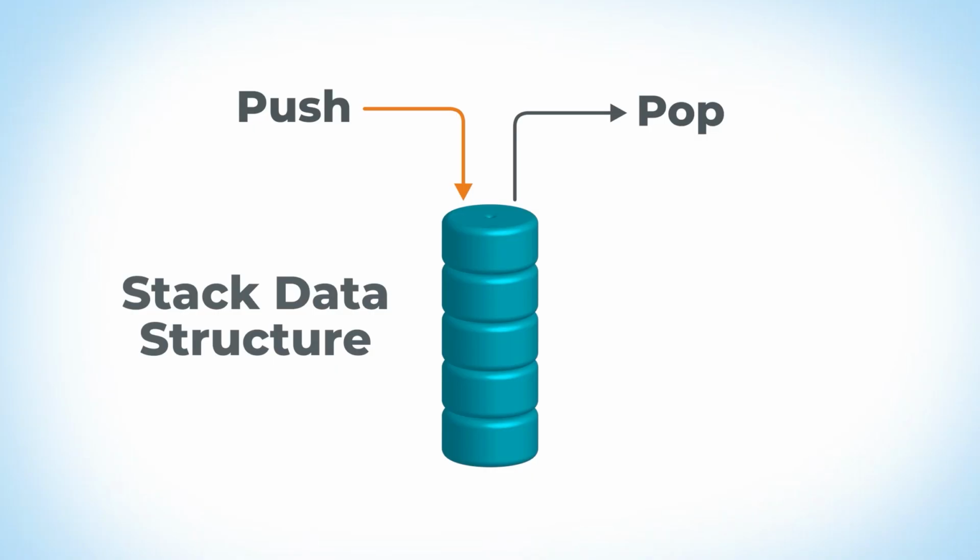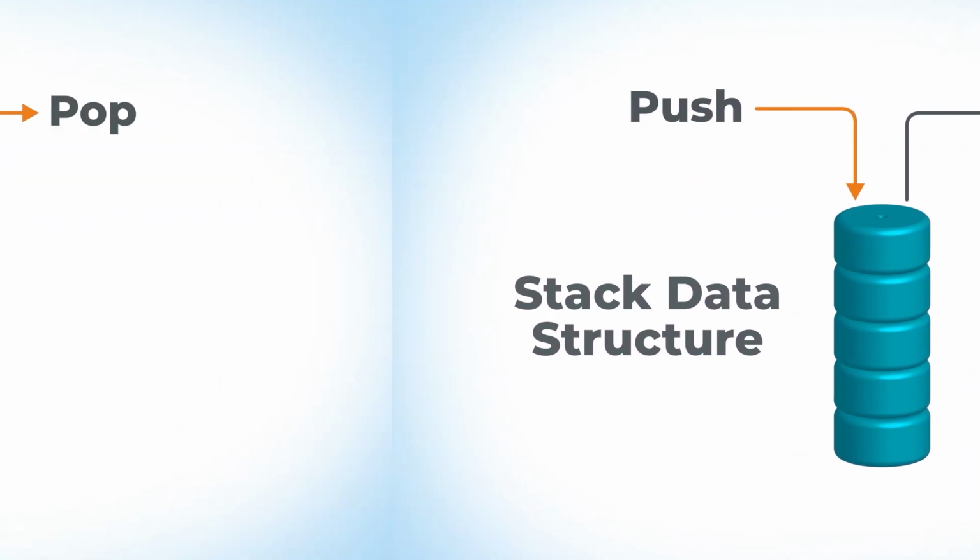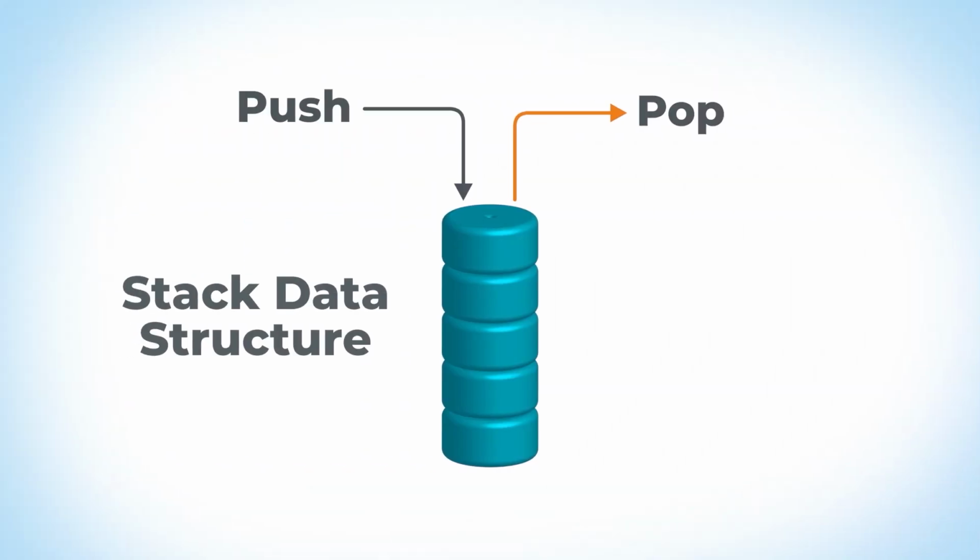So whenever a stack memory is given to you, normally you perform these two operations: push, where the element is inserted into the stack, and pop, where the element is removed from the stack.